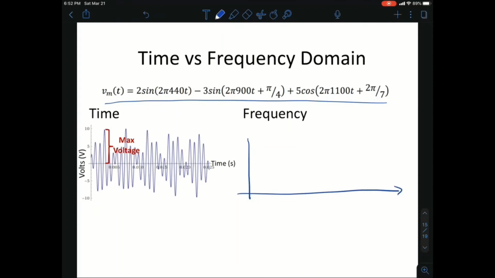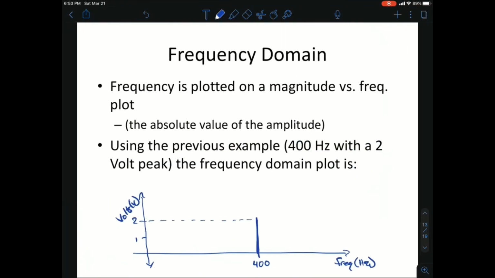And if we have frequency in hertz over here, here's 1100, and there's 900, and then we've got 440 over here. Then all we have to do is plot out the magnitude. And mind you, we're going to do the absolute value of the magnitude, which we should see back here on this slide in the frequency domain.